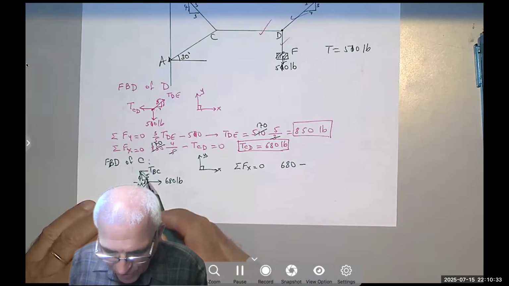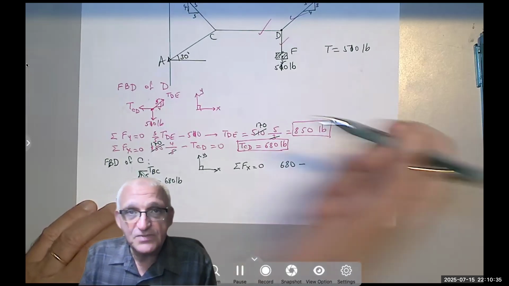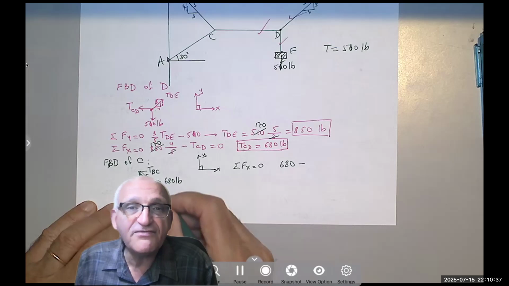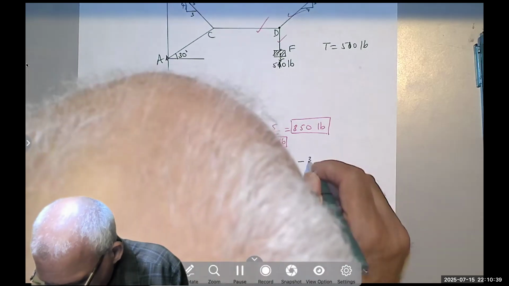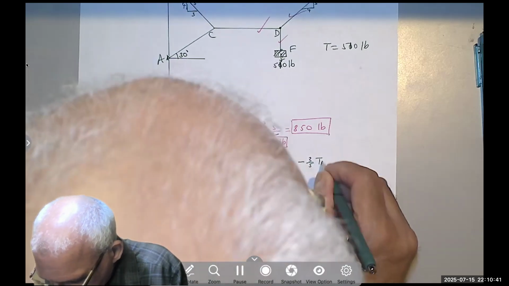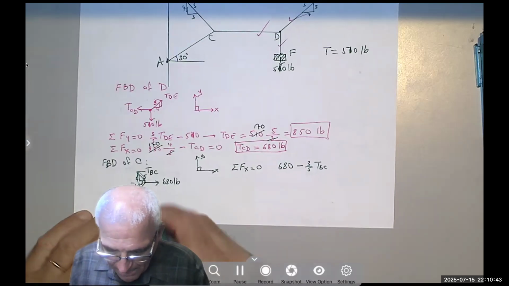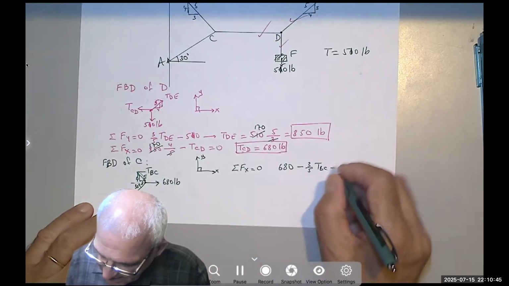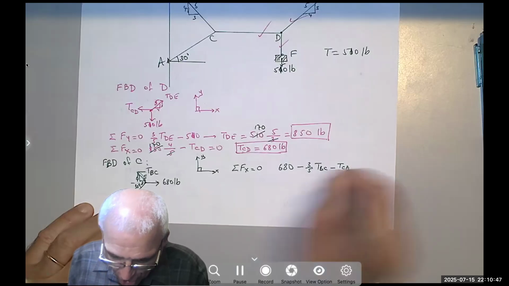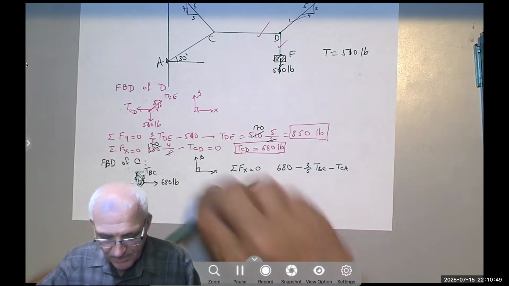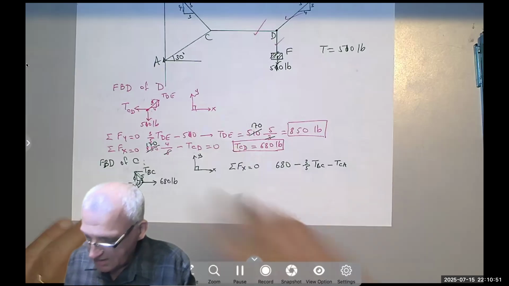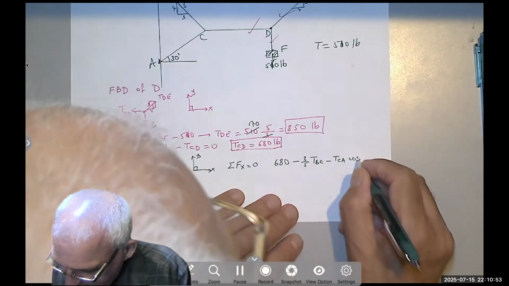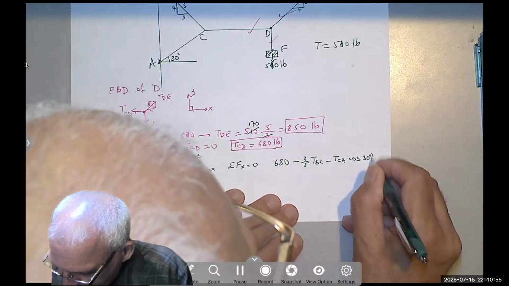You see that the horizontal component of TBC, which is pointing to the left, is only 3/5 of the tension. 3/5 of TBC minus TCA cosine 30, because cosine gives me the X component, equals 0.